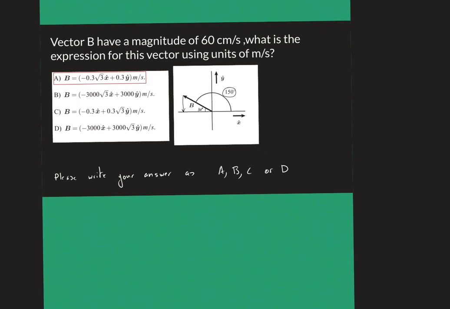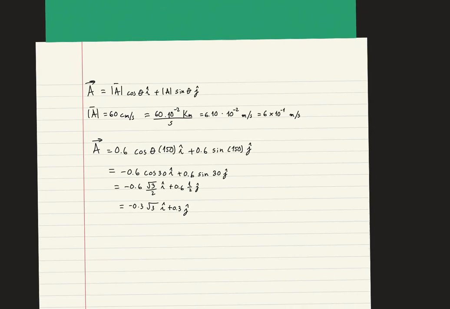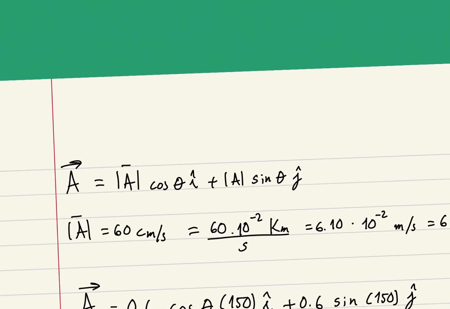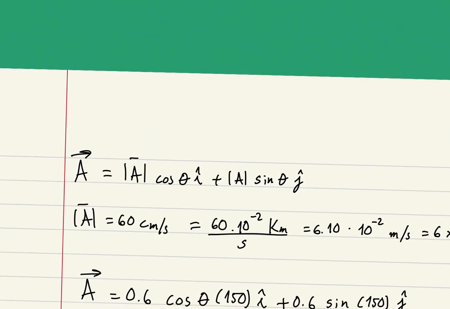Okay, now that we know that, we get this equation. Vector A equals the magnitude of vector A cosine of I plus the magnitude of A sine of J. So it will be the magnitude of A, since it was given, it was 60 centimeters per second.